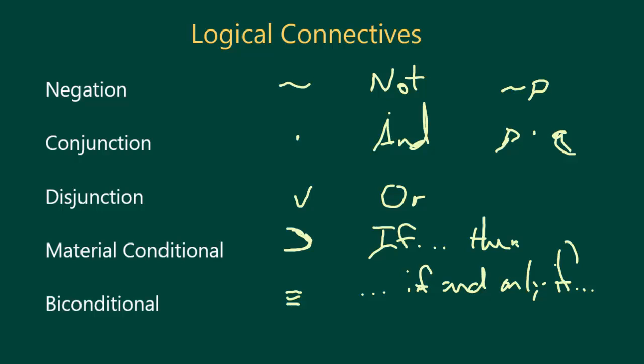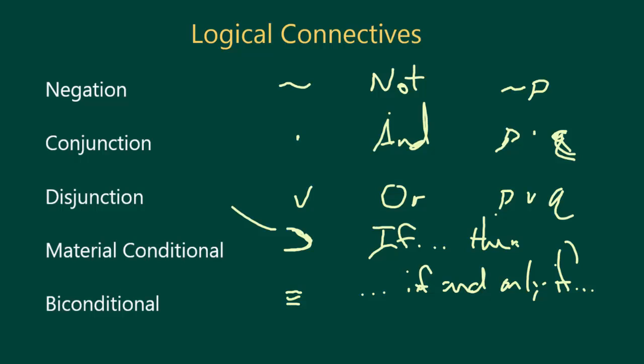So this is lowercase p, lowercase q, and q also is a variable that will take any proposition. Our disjunction, or our wedge, is also binary. The rest of these are binary, and they occur between propositions.